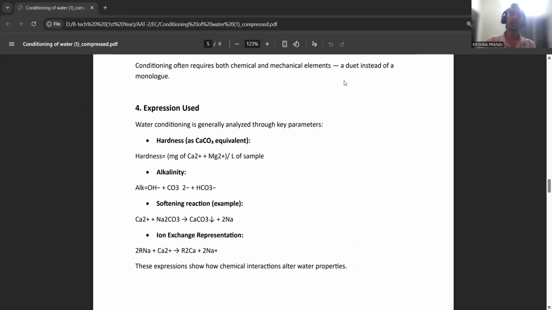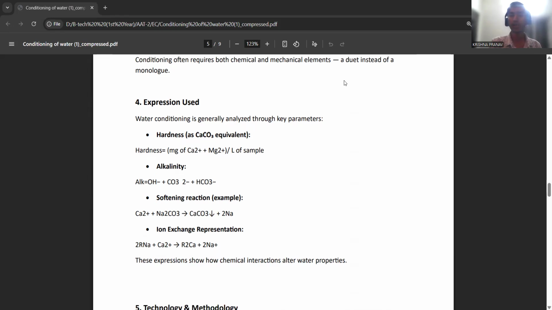Softening reaction example: Ca2+ plus Na2CO3 gives rise to CaCO3 plus 2Na+. Ion exchange representation: 2RNa plus Ca2+ gives rise to R2Ca plus 2Na+. These expressions show how chemical interactions alter water properties.